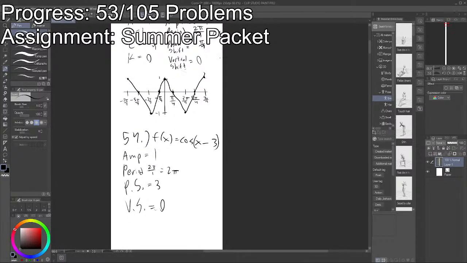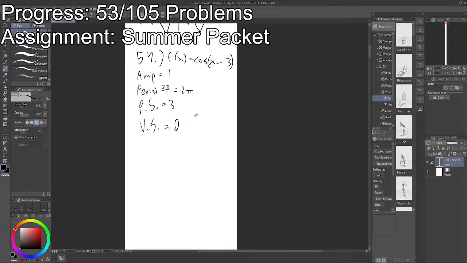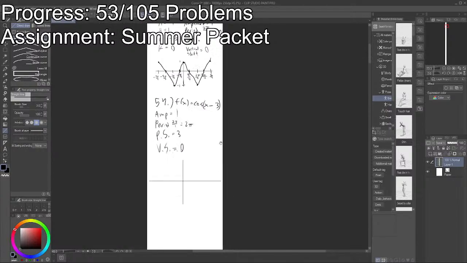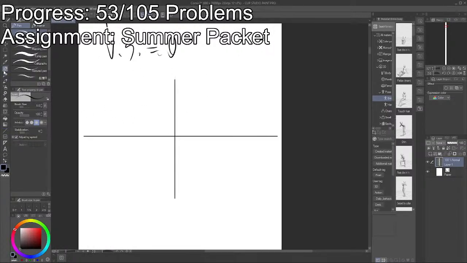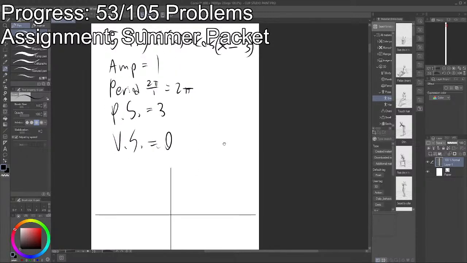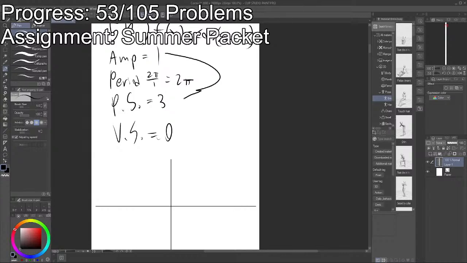What do I do with a phase shift of 3? Okay, I'll use straight lines again, because this is completely normal except for the phase shift of 3.